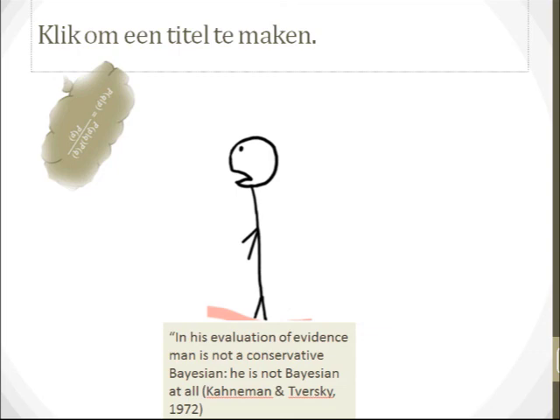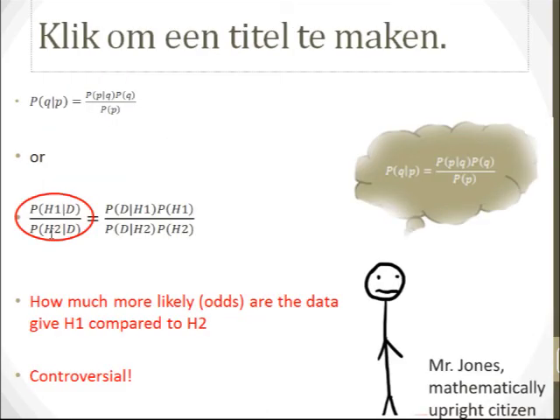But there's one additional thing I'd like to point out. In the article, they give this version of Bayes' theorem, which is indicated here. You can just see it as a different version of this formula.